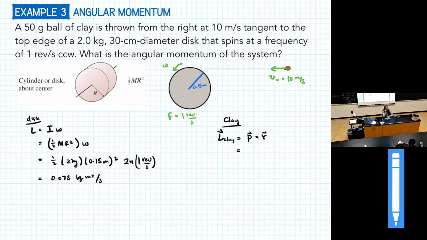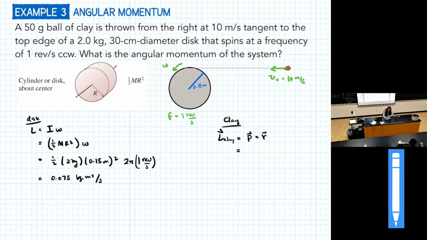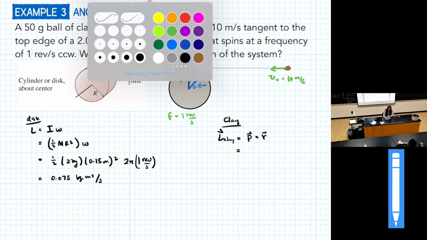What's the angle between those two vectors? 90 degrees. Yeah, because when we actually have this collision over here, this thing's gonna stick up here. We'll end up with an R that looks like this, and we'll have a velocity that looks like this. Okay, so this angle is 90 degrees, and we can just drop this.